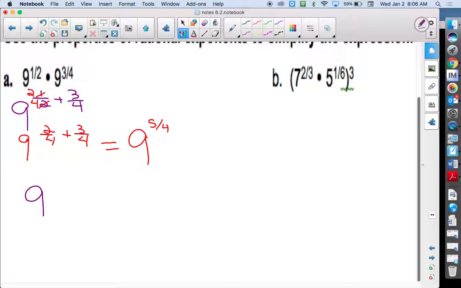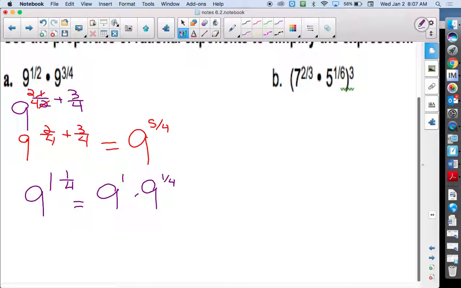Odette? 1 and 1/4. Right, so it's 9 to the 1 and 1/4. The reason I want you to do that is because our goal is to try and simplify this and break it down. So I'm going to use the opposite of the property that we had up there. If I have 9 to the first times 9 to the 1/4, that is the same thing as having 9 to the 1 and 1/4.